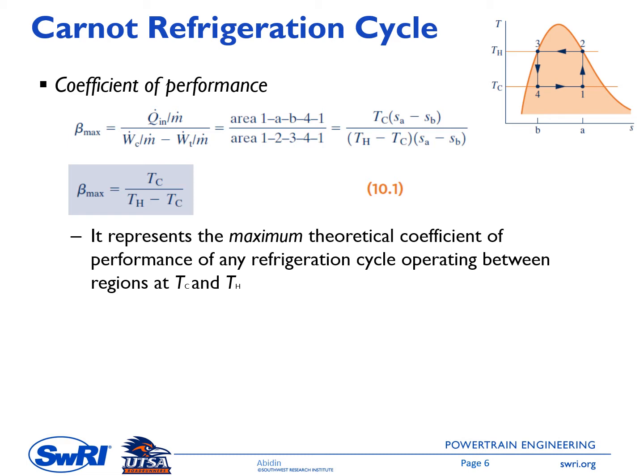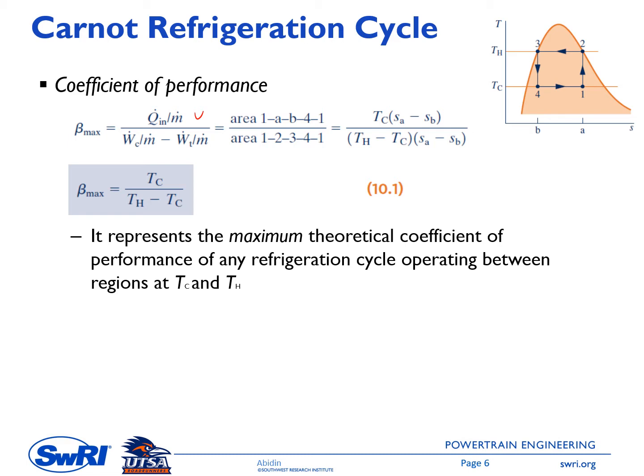This is the heat that is taken from our living room, or the heat that is taken from the food inside the refrigerator. So this is Q in. This is what we gain, and in this case we have the formula per unit of mass flowing.